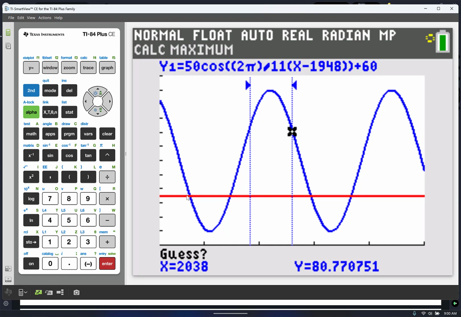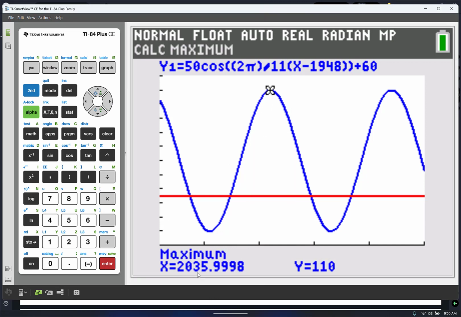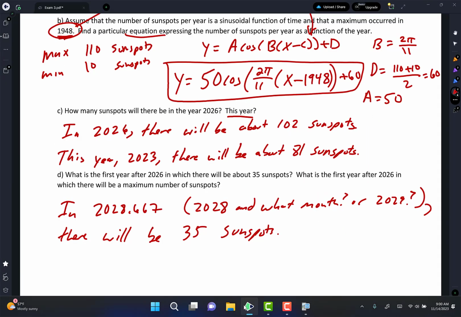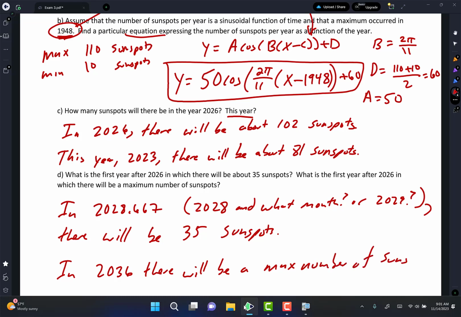Enter. Guess. No. Boom. Right there. And 2035.9998. So you can just say 2036. In 2036, there will be a max number of sunspots.